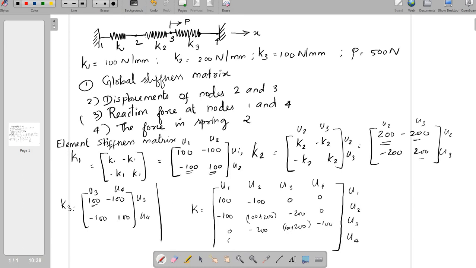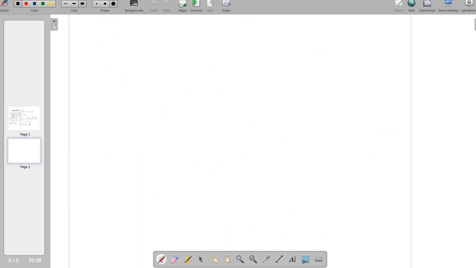There is no connection between U1 and U4, or U2 and U4. U3, U4 is available, U3, U4 is minus 100. U4 is plus 100. So this is the global stiffness matrix.